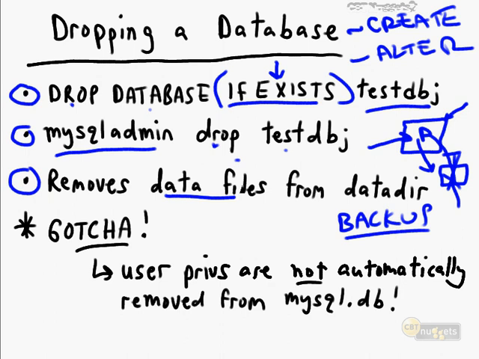Now, similar to that complaint that Microsoft Windows users have, at least up until recently when uninstall routines have gotten better, it seems, there is the question, well, if we delete a database in a MySQL instance, is there any detritus left behind? This is what the gotcha is all about. As it happens, user privileges are not automatically removed from the mysql database.